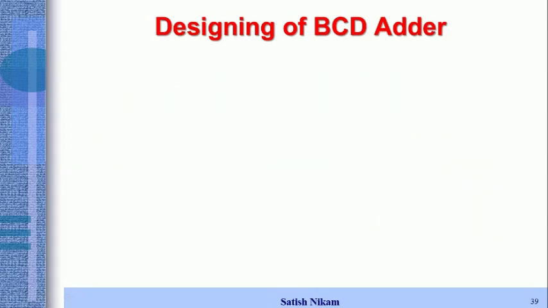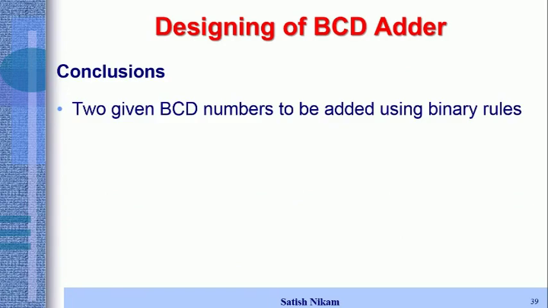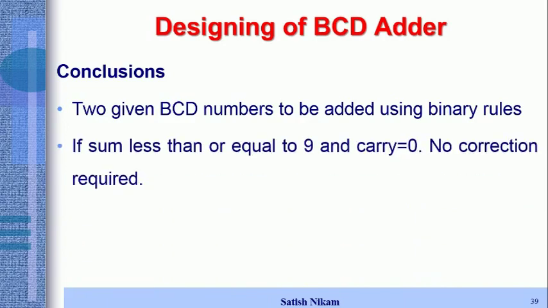Now what is the conclusion of this? Two given BCD numbers are to be added using binary rules. A simple binary adder can be used for the addition of two BCD numbers. If the sum is less than or equal to 9 and the carry bit is 0, correction is not required in that BCD.